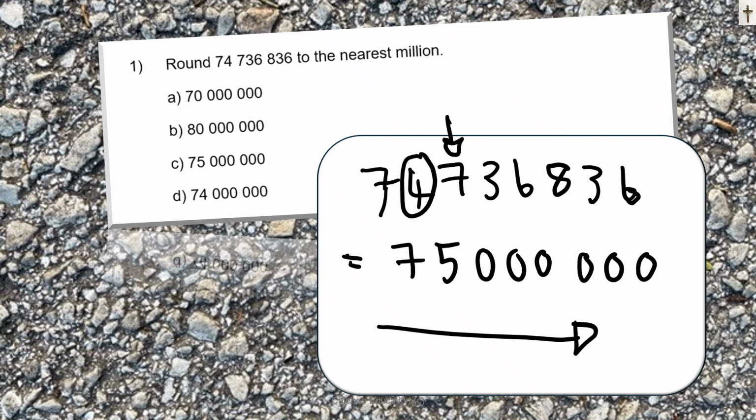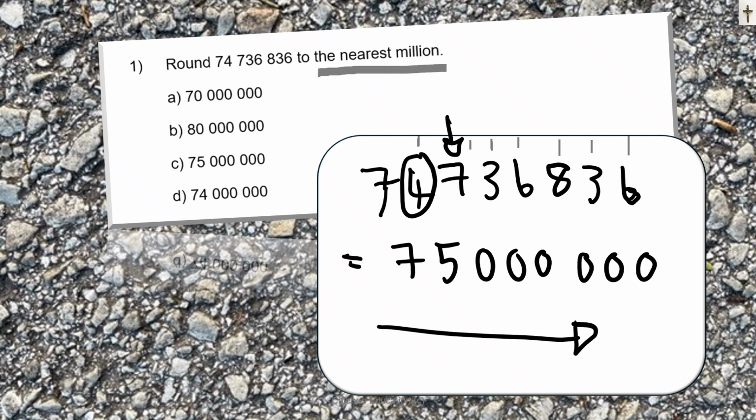When you're doing rounding, the first thing you need to know is that this number 6 represents units, tens, hundreds, thousands, 10,000s, 100,000s, and then millions. So you need to know what each number actually represents, and it says here round this off to the nearest million.